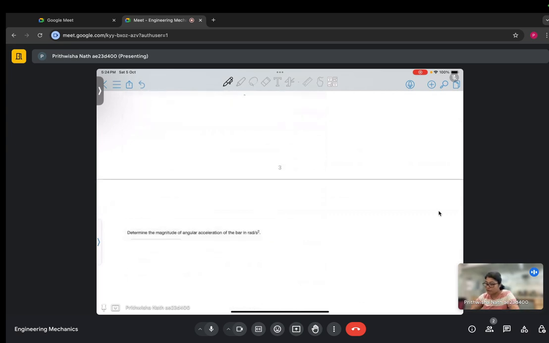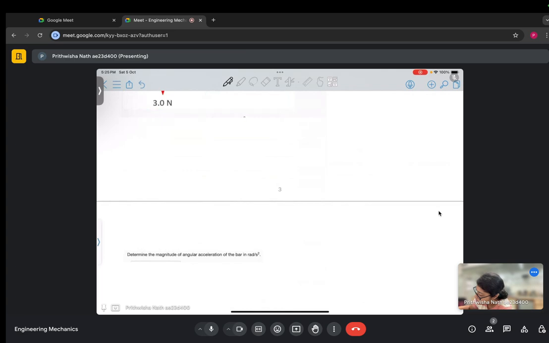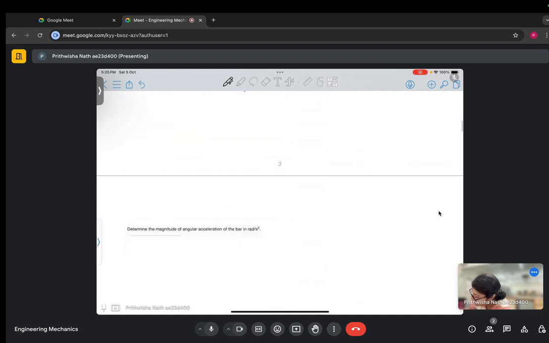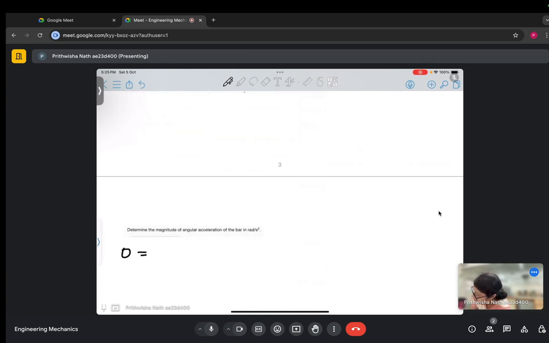So how can we solve the problem? Let this point be P. So we can write 0 equal to Ig alpha minus 3 into 2.6 plus 3 into 12.85.